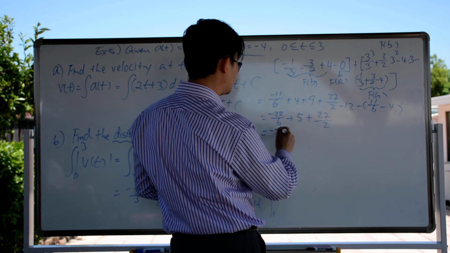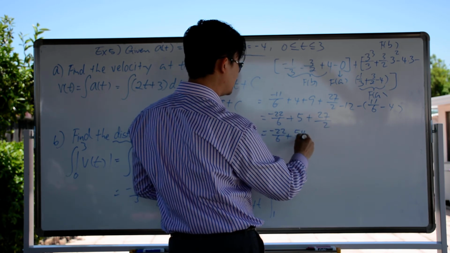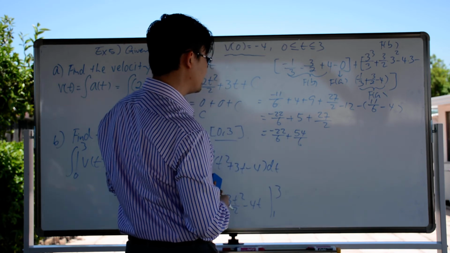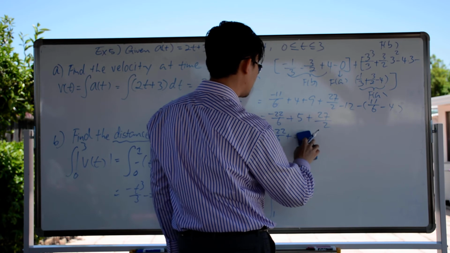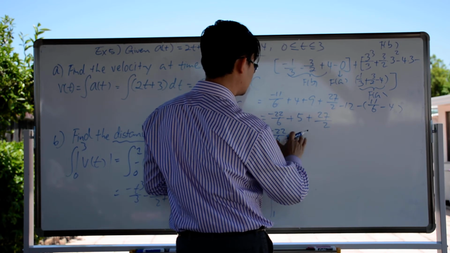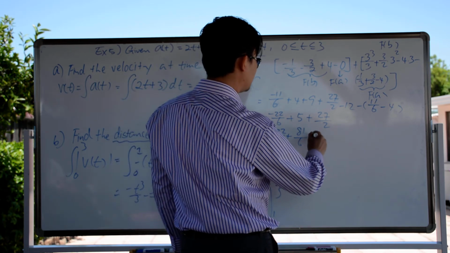So we got negative 22 over 6 plus 27 over 2, which is 81 over 6, times 3 top and bottom. And then plus 5.